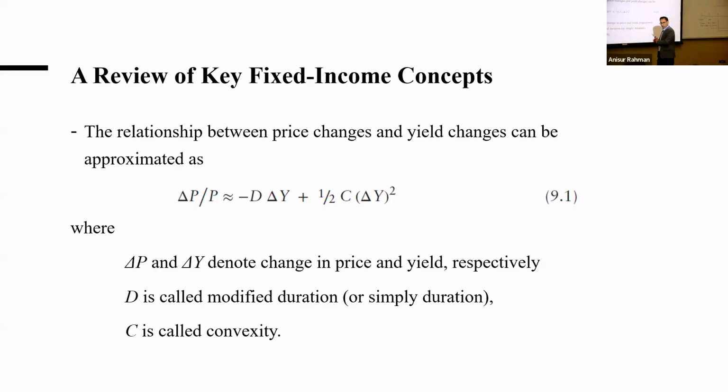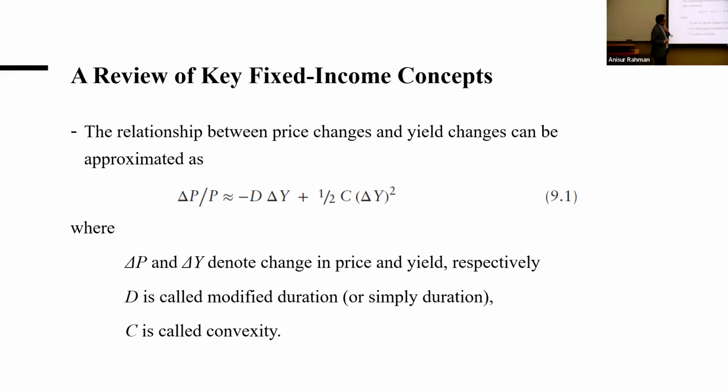We have to come up with multiple forecasts, so it will be tedious. And sometimes we want a mechanism to quickly approximate the change in bond price, or percentage change in bond price, instead of running all the present value analysis, right? We will use that equation in that case.